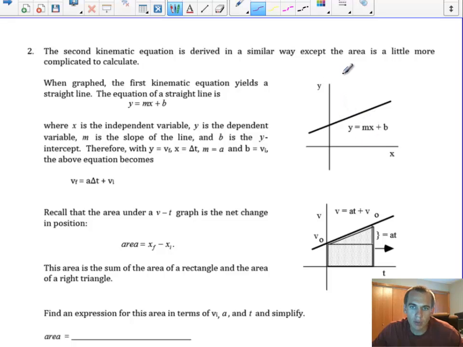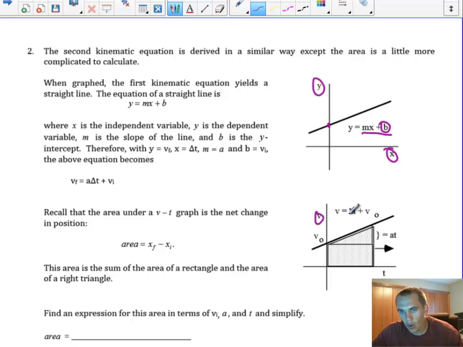Now, you guys, I'm sure all remember from algebra that the standard equation of a line is y equals mx plus b, where y is your dependent variable, x is your independent variable, m is slope, and b is your y-intercept. Okay, well, if we sub in the values we know for velocities and slope into that equation, we get our velocity, right, our y variable, is equal to mx.